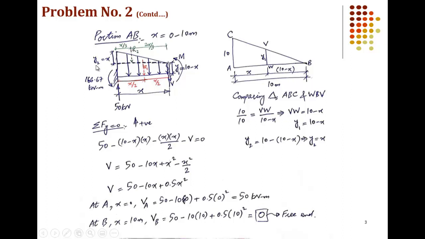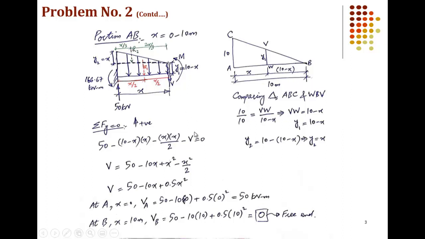If we call this y2, then y2 is equal to 10 minus, because 10 is this total dimension, 10 minus (10 minus x), which is this vertical dimension. So ultimately we get y2 is equal to x. So now we have established the dimensions of this rectangle and triangle in terms of x.